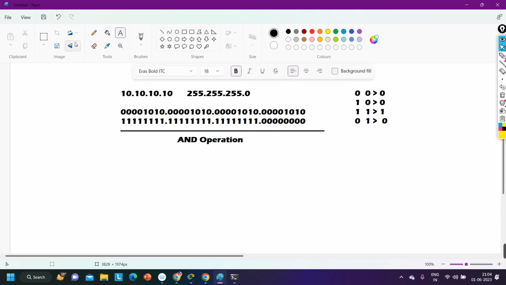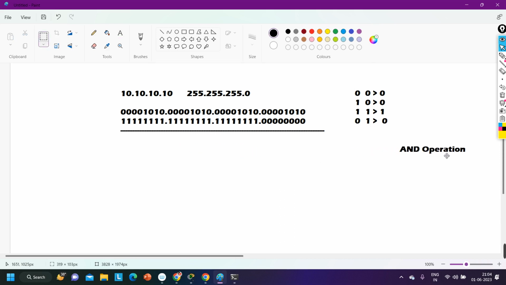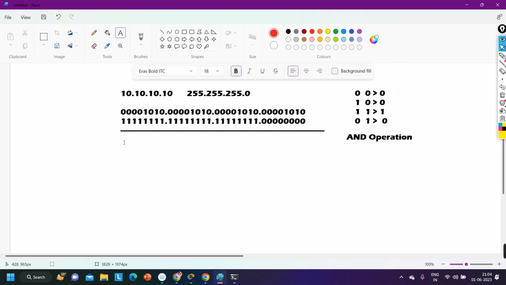After the AND operation, 0 and 1 will become what? Here you can see the value is 0 and 1. 0 1 will become 0 0 0 0. After that, 1 1 will become 1 1 1 1.